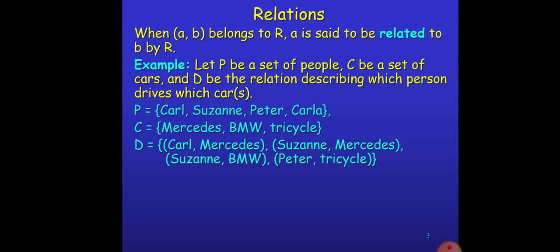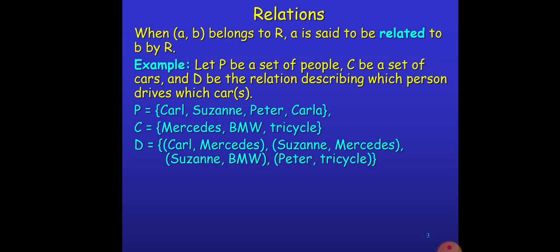Now, our relation set says that (Carl, Mercedes) is one of the pairs. If (Carl, Mercedes) belongs to set D, our relation set, the relation is true, that means Carl is driving a Mercedes.